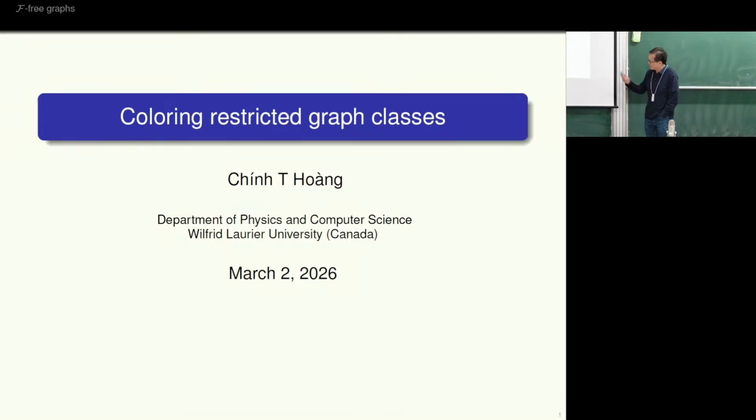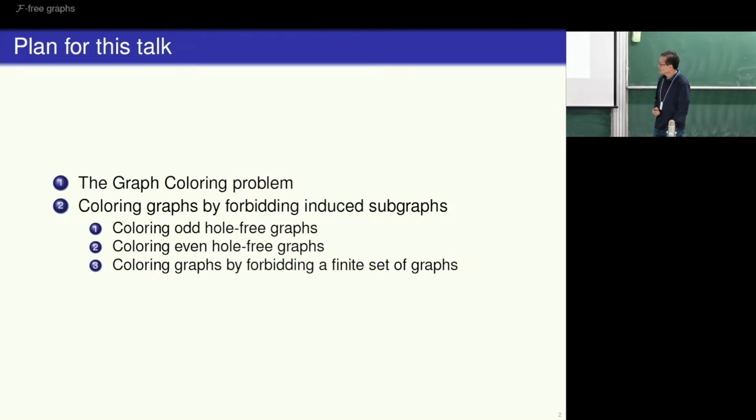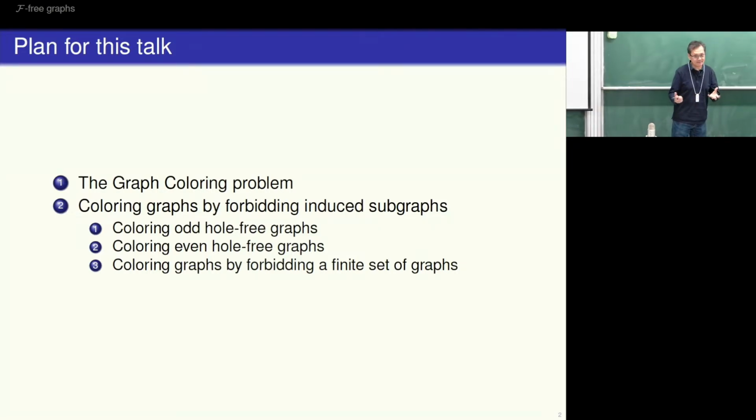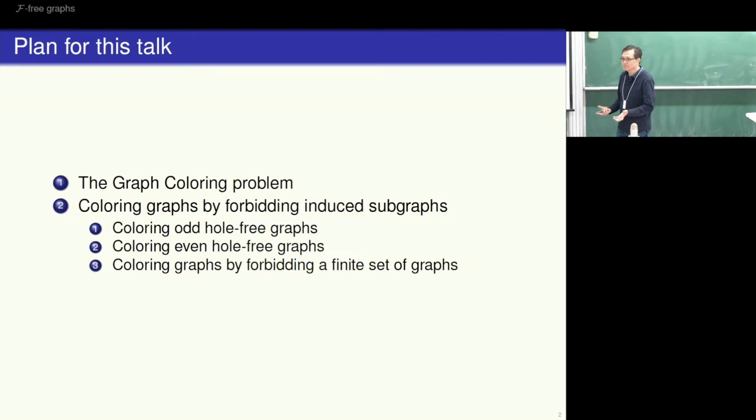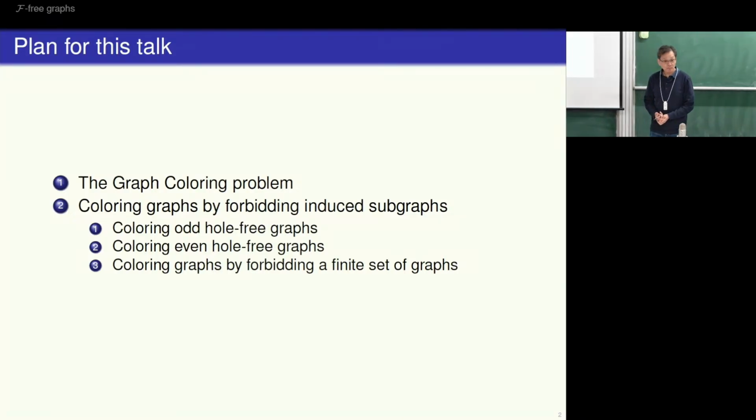Anyway, that's where I'm from, and I will talk about coloring restricted graph classes. We know there are several very well-known graph coloring problems, like the four-color problem, now called the four-color theorem, which is a famous problem in mathematics.